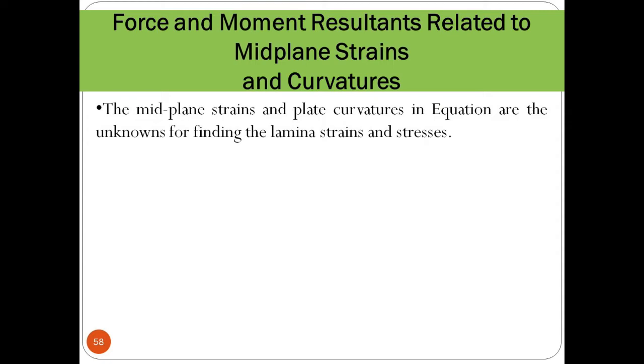So kappa and the strains epsilon are the unknowns: 3 unknowns in terms of kappa and 3 unknowns in terms of epsilon. These 6 unknowns are to be found using the foregoing relations.